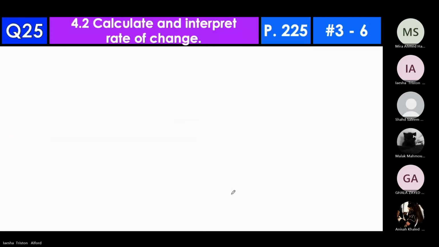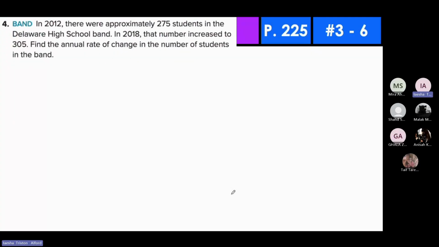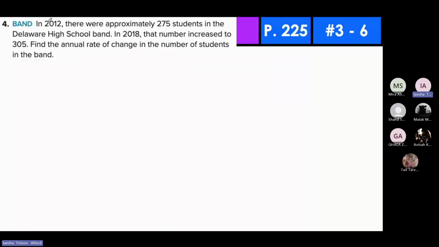Here. Try another one. Question number 4. You have to read. So what did they say? In 2012, there were approximately 275 students in the Delaware High School band. In 2018, that number increased to 305.